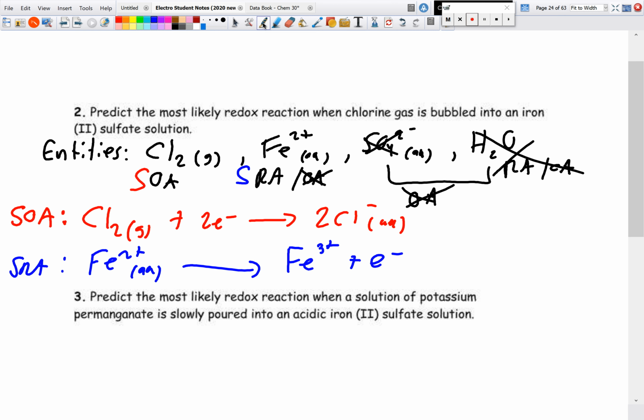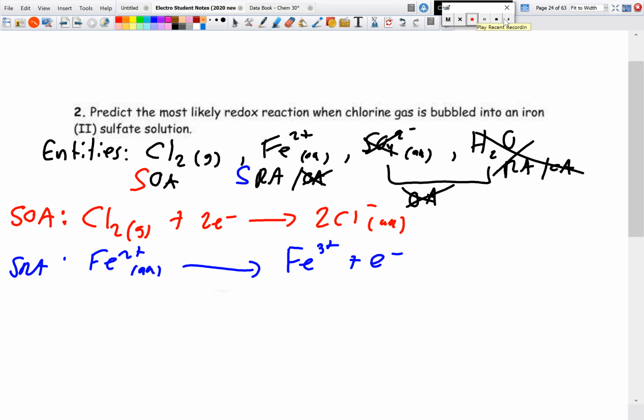Now, of course, for our redox, we're going to have to get our electrons to balance out, so that means we're going to have to multiply this equation by 2 to get our new coefficients in front. Our iron 2+ is going to be a 2, 2, and a 2.